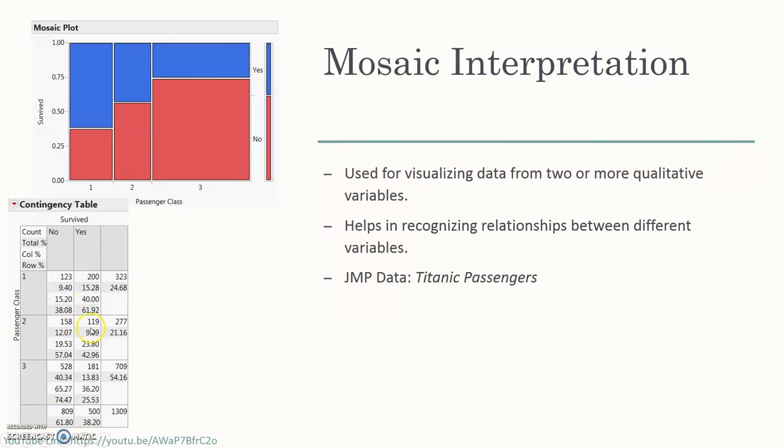And you can do that for the survived ones as well. And finally, you have the row percentage. So you can see that there's 38 people in class 1 that didn't, and 61 that did. 57 in class 2 did not, 42 did in class 2, and same thing for class 3.